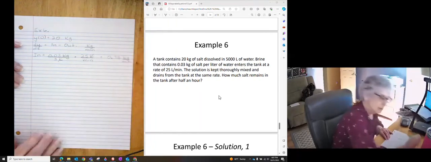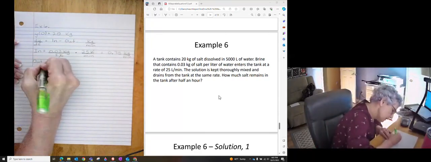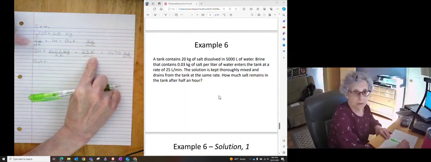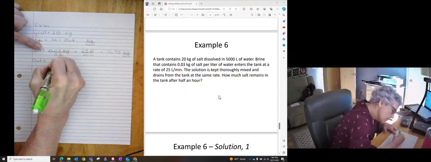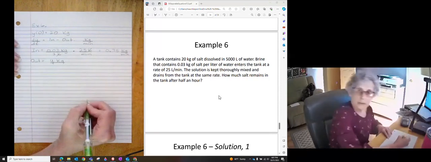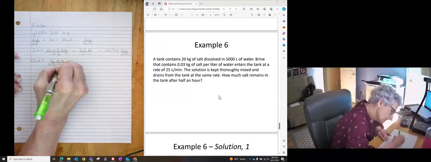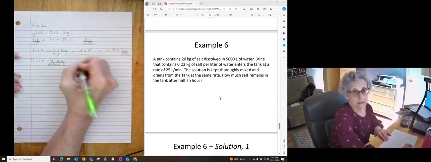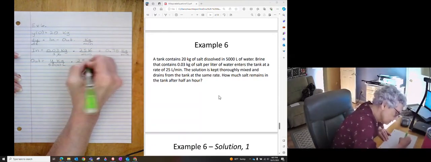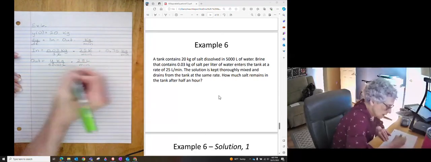kilograms per minute. My out rate is exactly the same, 25 liters per minute, but I have y kilograms in the entire tank, which is 5,000 liters times 25 liters per minute.